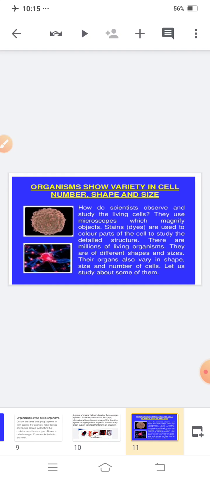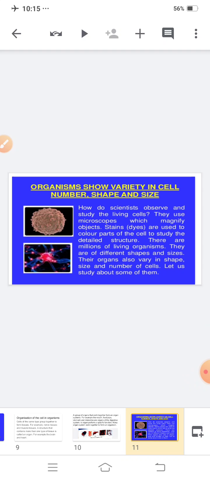Now, organisms show variety in cell number and shape. How do scientists observe and study living cells? They use a microscope, which magnifies objects. Stains are used to color parts of the cell to see the detailed structures.